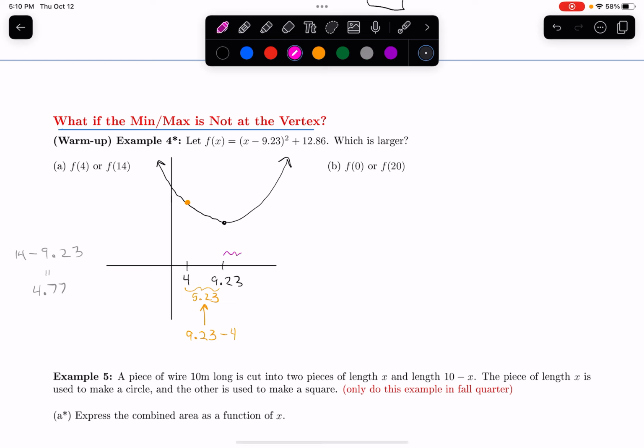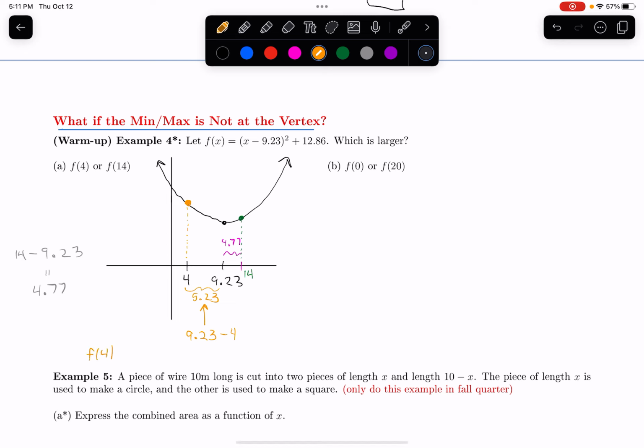A distance of 4.77 away gets me to the x-coordinate 14. If I go up on the graph from where 14 is, I get this point on my parabola. But when I went up from where 4 was, I got this orange point on my parabola graph. So I can see from this that clearly it's f of 4 that is larger.